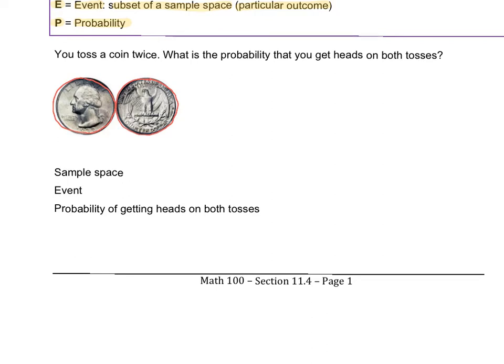So the event we're looking for is tossing the coin twice and getting heads on both tosses. So that's our event, which is usually a capital E. To make things easier, I'm going to do an abbreviation. I'm going to let capital H be heads.